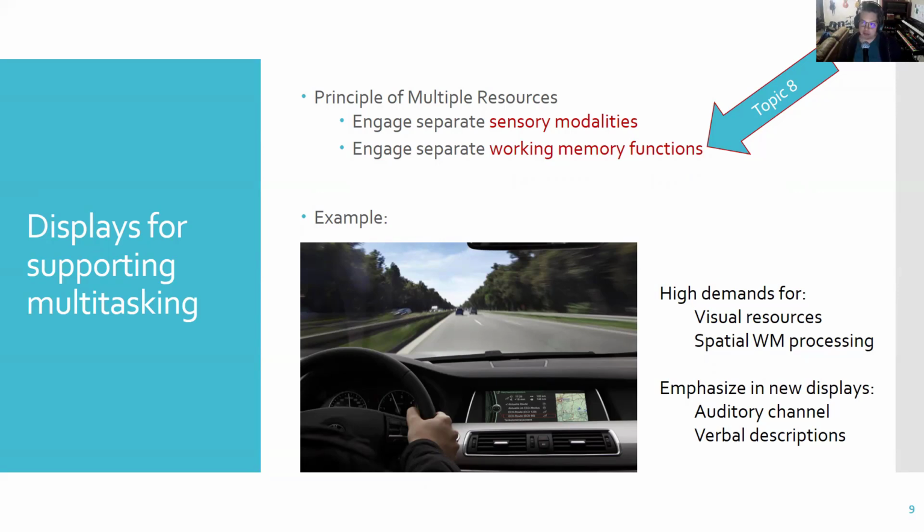But this gives us a display design principle that we can think about. If we think about the context into which we're designing, which resources are already in some degree of demand, what's relatively available in terms of human information processing resources, there are multiple resources, so redistribute the demand across them.